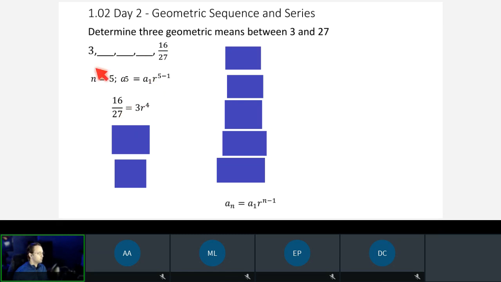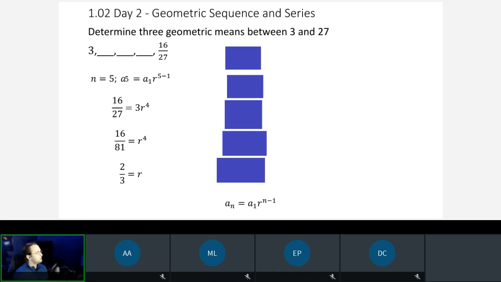A sub 1 is 3, so that goes here. Then 5 minus 1 gives us 4. So there's the setup. We're going to divide both sides by 3. And that's how I get 16 over 81. We are then going to do the 4th root to both sides. And that's how we get r is 2/3.